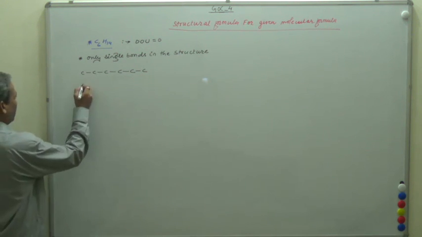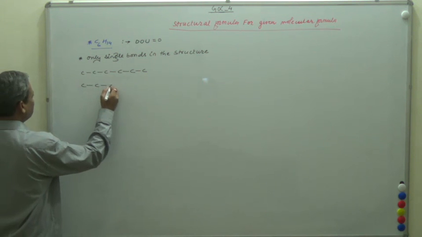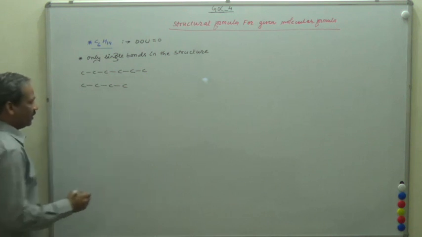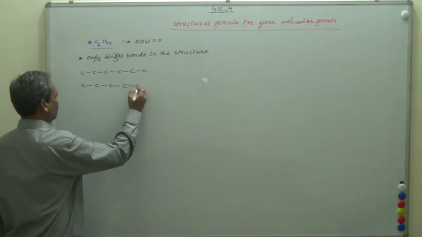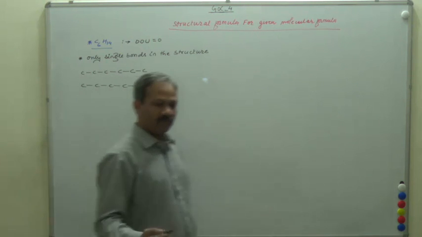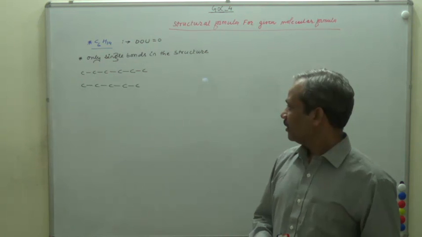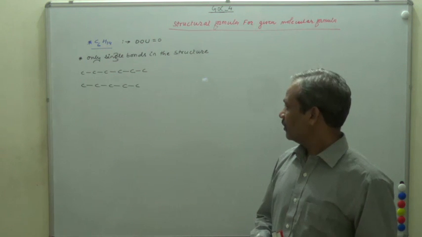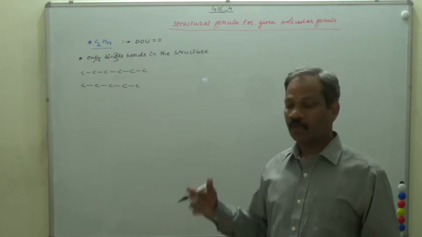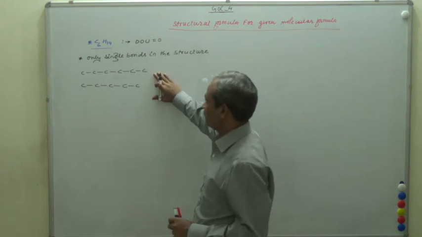Now in the next case we will draw a chain with length 1 carbon atom shorter than the previous chain.